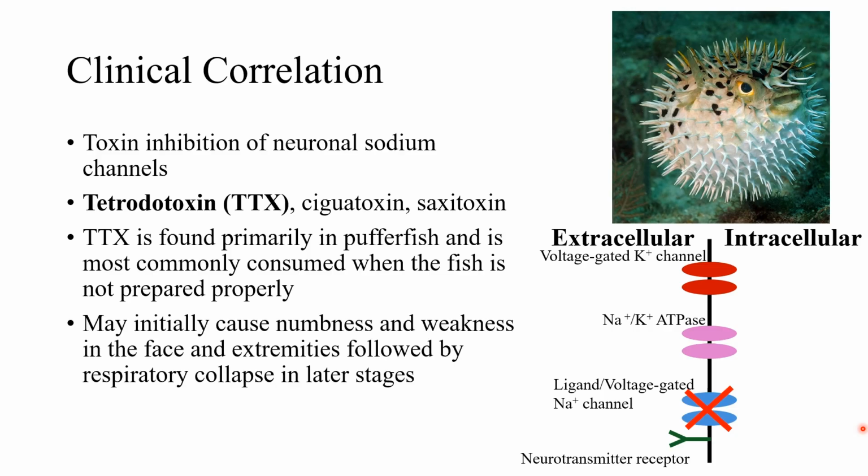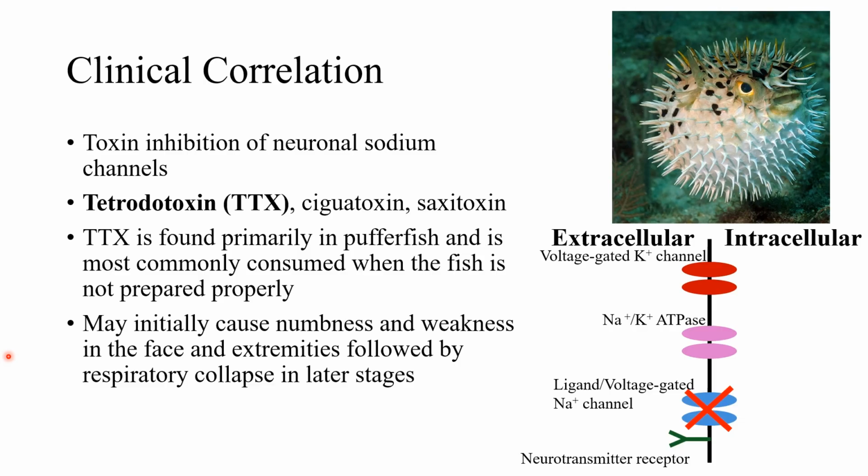And so what happens there, the toxin blocks your sodium channels. Well, you're in big trouble, right? Because then your action potentials can't occur properly. Your neurons can't communicate. Your muscles and organs can't communicate with the brain. Nothing's going to work here. You might initially have some numbness, weakness in the face and your distal extremities, fingers, toes, things like that.